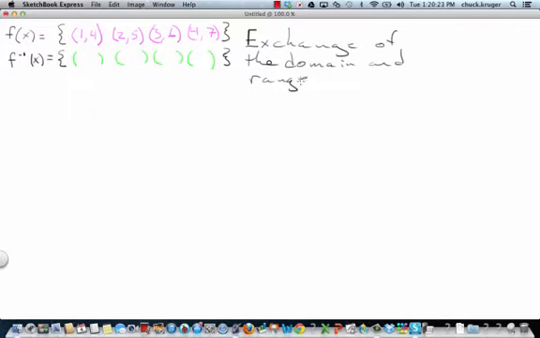In an inverse, what was the domain now becomes the range. So each of these values become output values, or what we say is they become our y values.